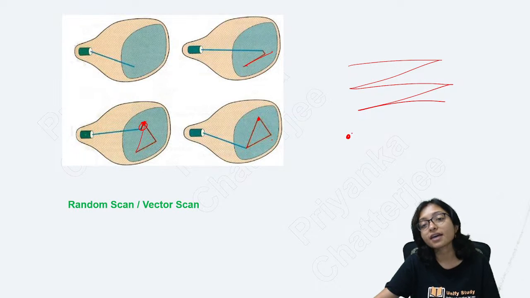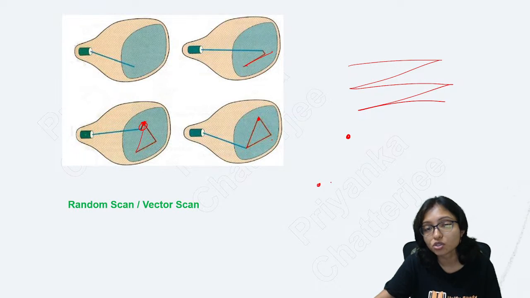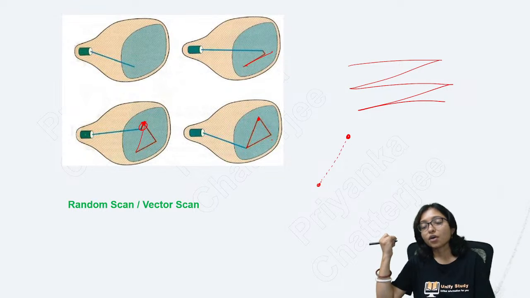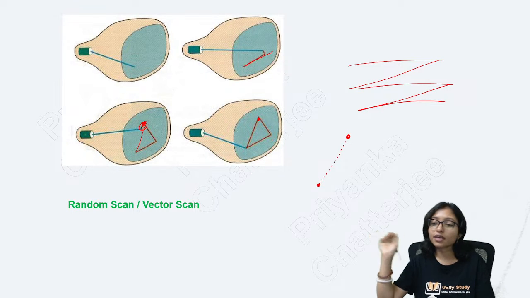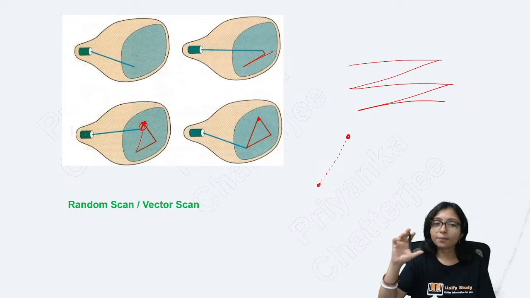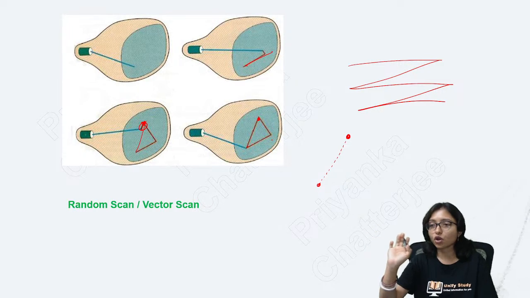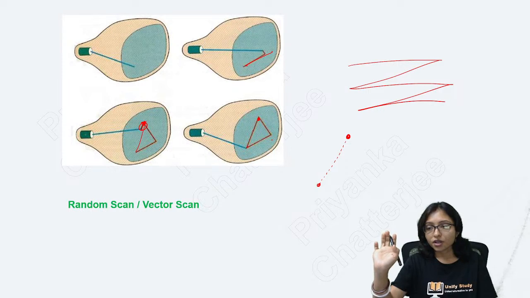This will take the value of the coordinate, this will also take the value, and after that it will work just like the line drawing algorithm. How we do the line drawing algorithm, the same way it will work. It will apply that method. The raster scan way it will not work. Okay, take care.